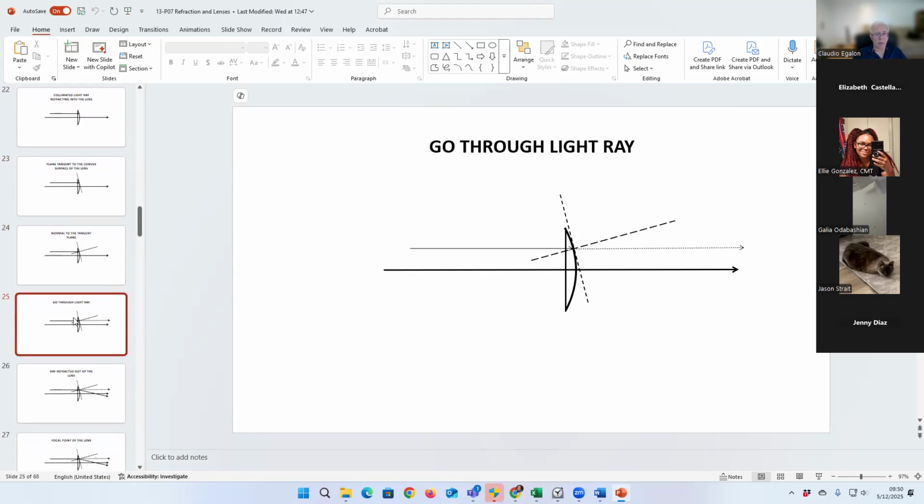Because it's going from a medium of high refractive index to a medium of lower refractive index, it is going to refract away from the normal, bending towards the principal axis.